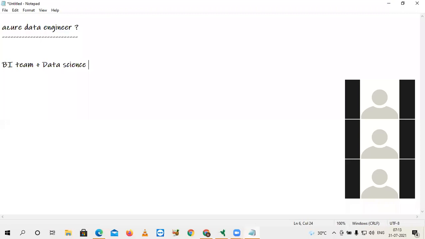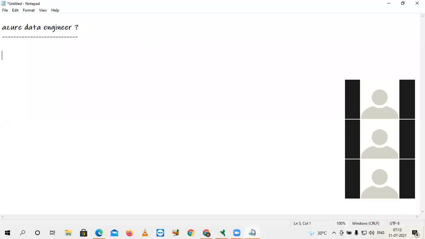So in the case of modern data warehousing, two types of people will be involved: one is the BI team, second one is the data science team. What exactly the purpose of data science is and what the BI team will be doing, we will be discussing everything. See, what is the full form of BI? Business intelligence.